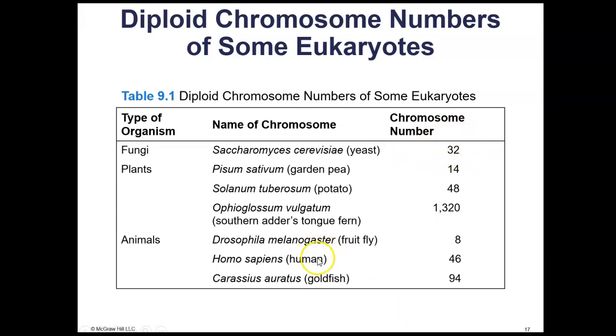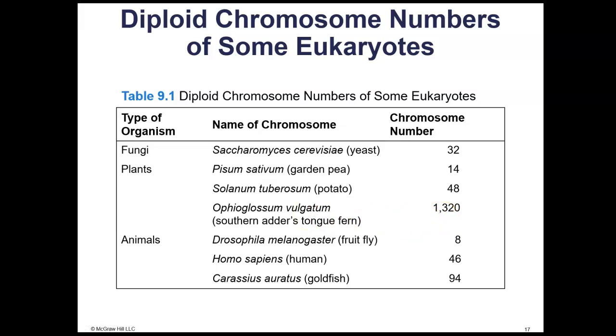You go down here to humans, or Homo sapiens, we have 46 chromosomes per cell. Very interesting, the southern adder's tongue fern, Ophioglossum vulgatum, has 1,320 chromosomes per cell.